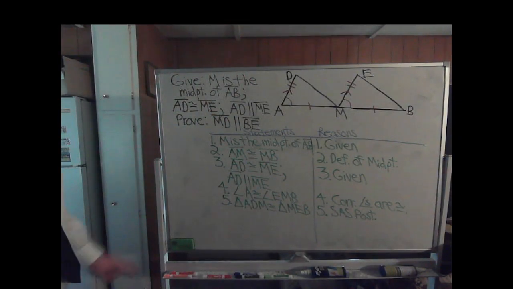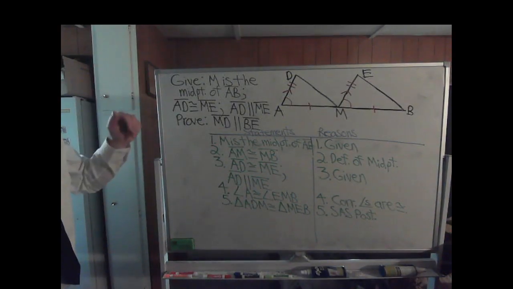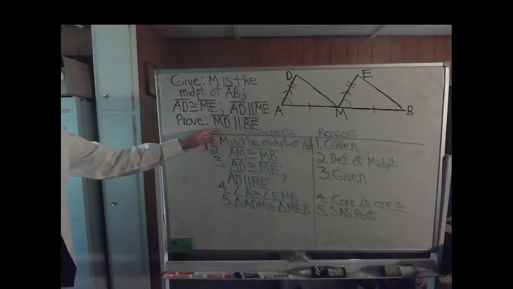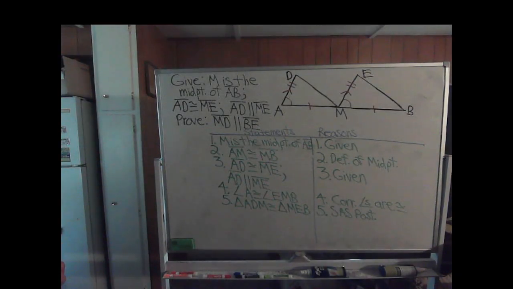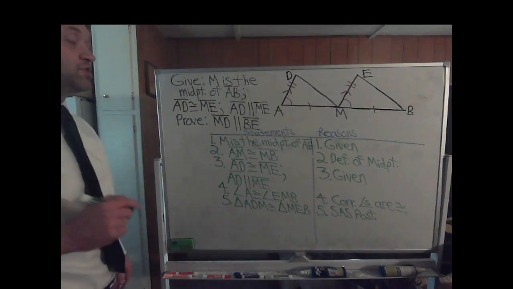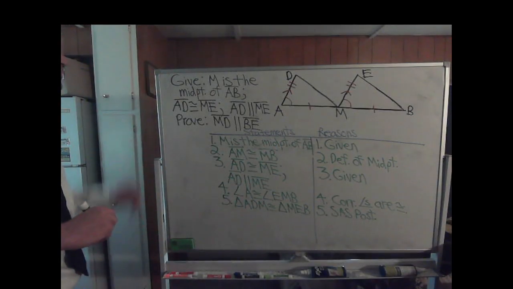Well, that helps, but how do we get to MD is parallel to BE? We could say that MD is congruent to BE because corresponding parts of congruent triangles are congruent, but that doesn't help us prove they're parallel. If we remember, what does help us prove lines are parallel ultimately are the angles.